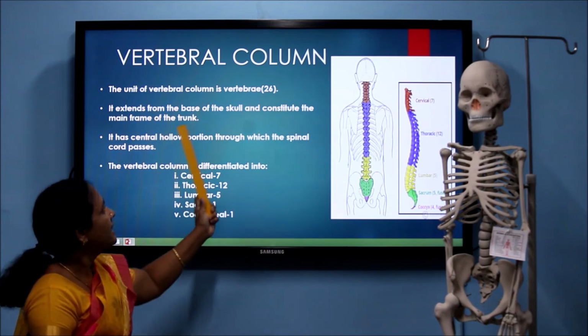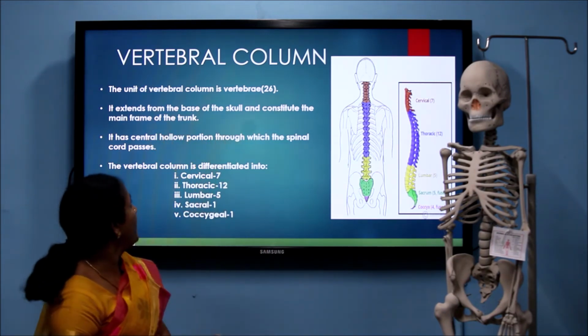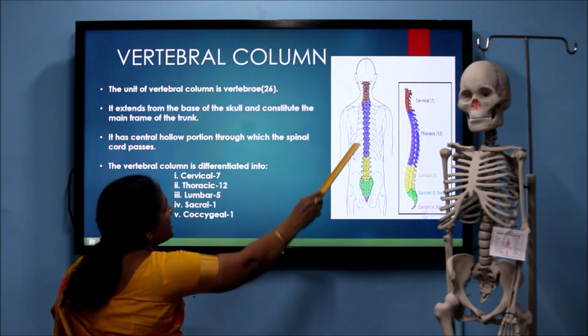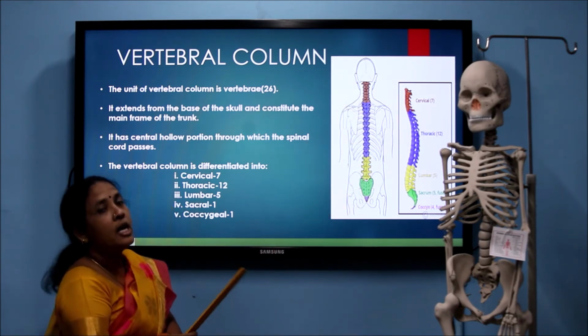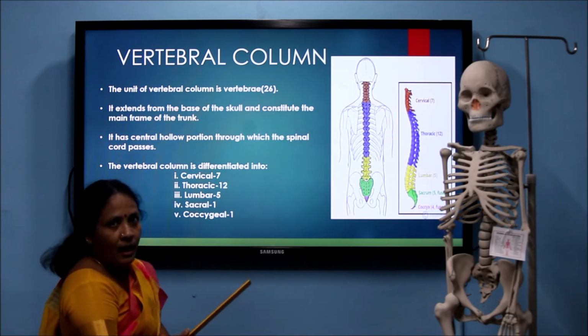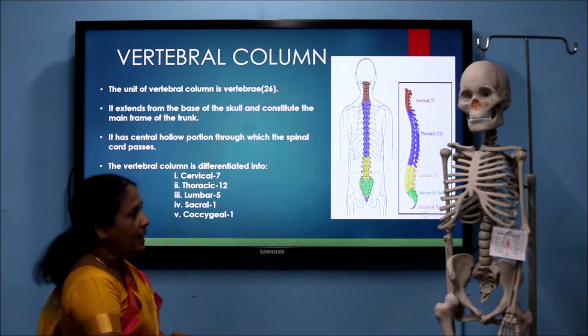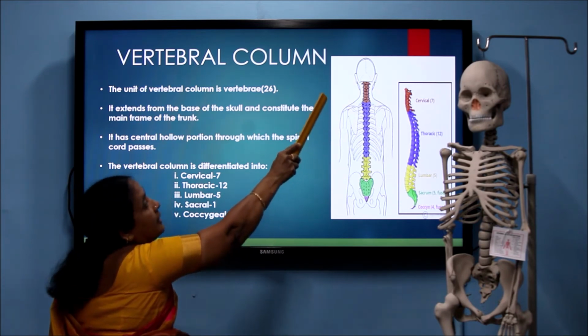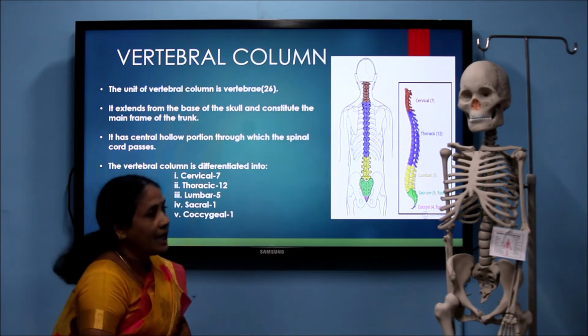Next is the vertebral column. The unit of the vertebral column is the vertebrae. There are 26 vertebrae in the vertebral column. The vertebral column is long and extends from the basal portion of the skull.